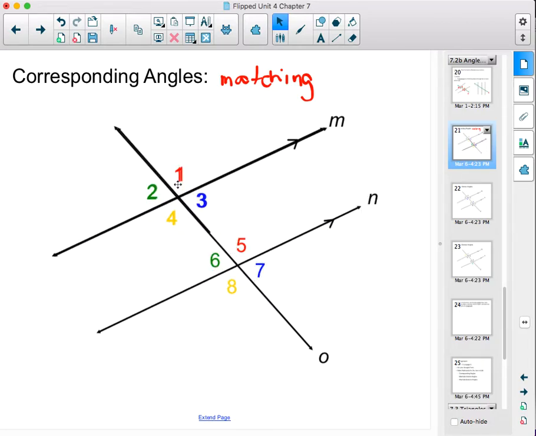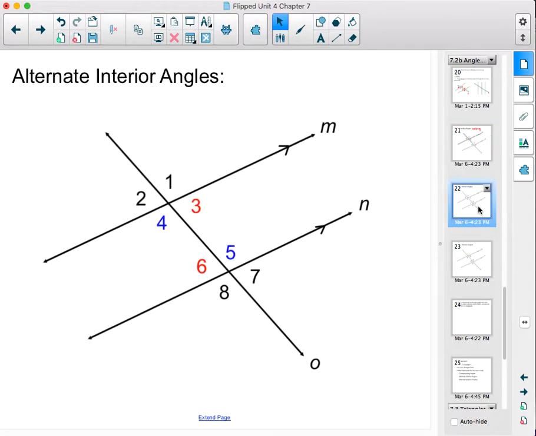Okay? That's corresponding angles. Another type of angles that form when we cut lines with a transversal are called alternate interior angles. Alternate is a word that means opposite. Interior means inside.